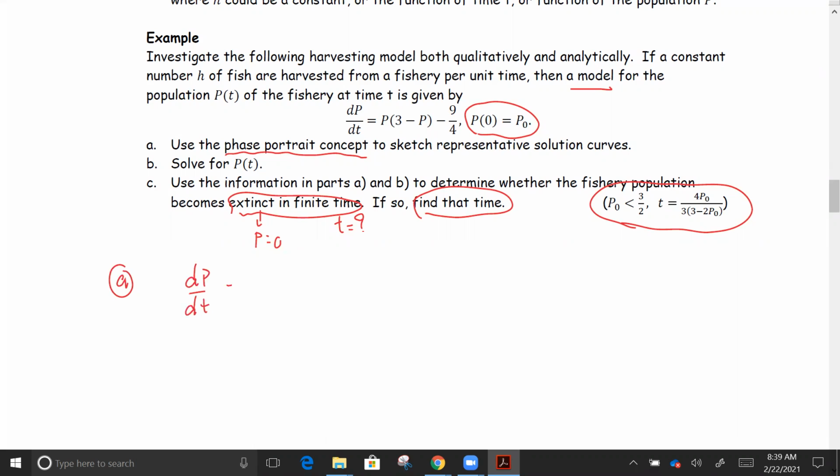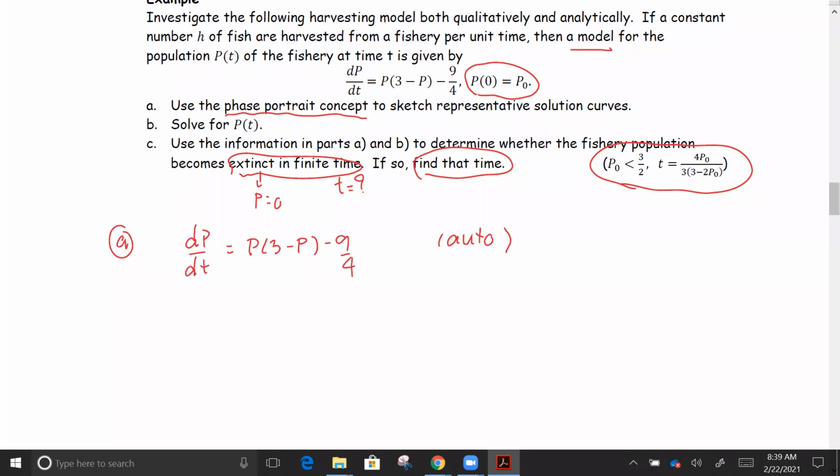dP/dt equals P times (3 minus P) minus 9 over 4. As you see, the right-hand side is either in P or numbers, nothing involving t, another autonomous form. To sketch the phase portrait, same way as what we did before, we look at the vertical line and then locate the critical number.